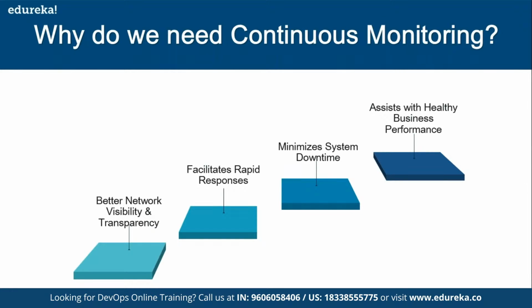The third reason is it minimizes system downtime. Consistent system monitoring and quick alerts help maintain system uptime by raising the alarm when there is a service outage or any application performance issues. The fourth reason is it helps in assisting healthy business performance through reduction in system downtime, and obviously minimizing the negative impact on the customer experience, thereby safeguarding the organization against losses in revenue or, of course, credibility.